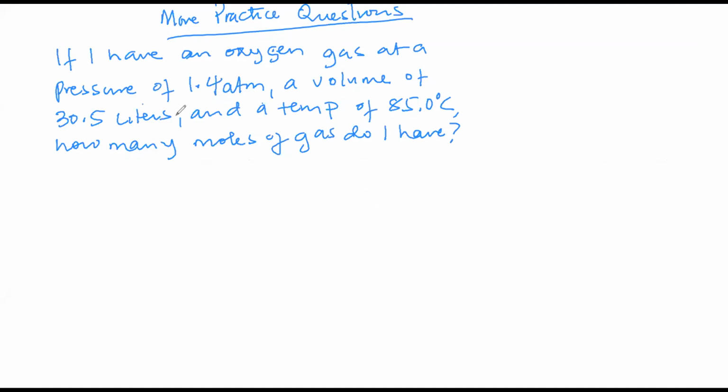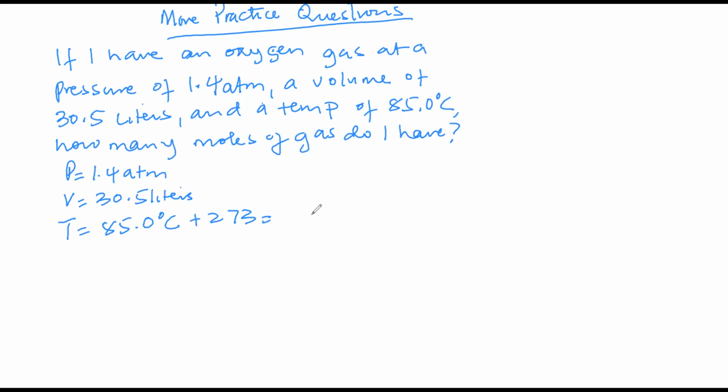In this question, we know the pressure is 1.4 atmosphere and a volume of 30.5 liters and a temperature of 85.0 degrees Celsius, which we should convert to Kelvin right away to avoid any mistake. We want n, how many moles. We don't know how many moles.